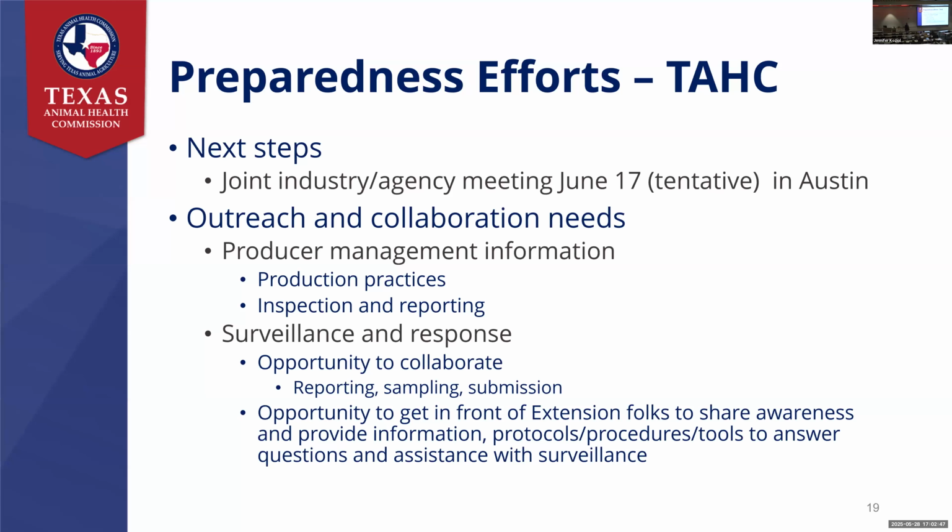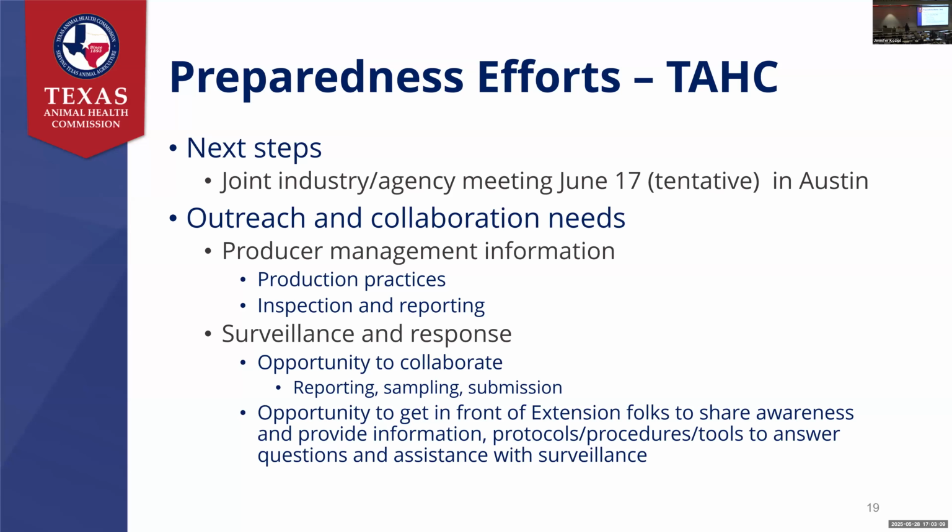Make sure everybody's on the same page. Obviously, producers need to alter some production practices and we need to get them up to speed, in addition to the information pieces and guidance documents we've put out to them already, and make sure they're on target for reporting any suspicious wounds or maggot-filled wounds that they might see.